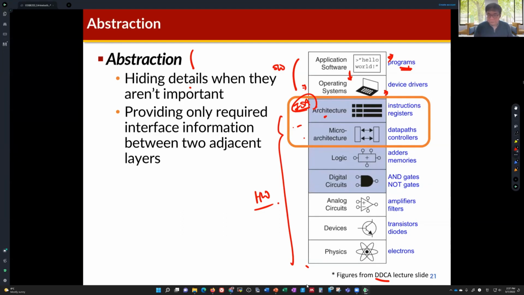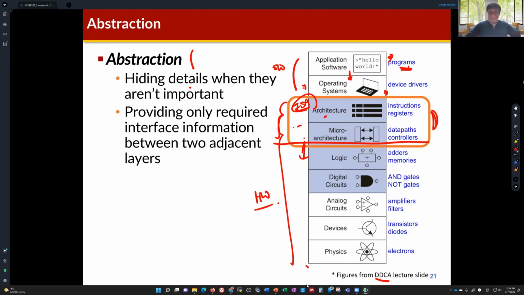And then these two layers are the area of computer architecture, like system architecture and microarchitecture. Okay, so we will learn about these two layers in this course. And then under this architecture layer, it's very complex.